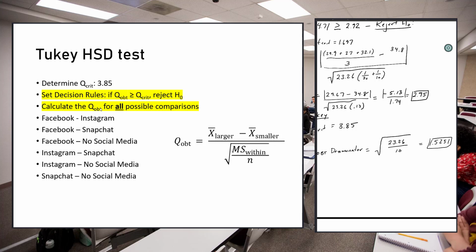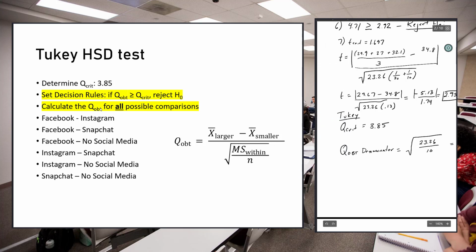The next thing we need to do is take the absolute value of the difference between one group and another group. Now here, the formula says put the larger group first and the smaller group second. That's one way to do it. I find it easier, rather than fiddling with which one's larger or smaller, to just take the absolute value. In other words, drop the sign. We're looking at the magnitude of the difference between these means, not the direction.